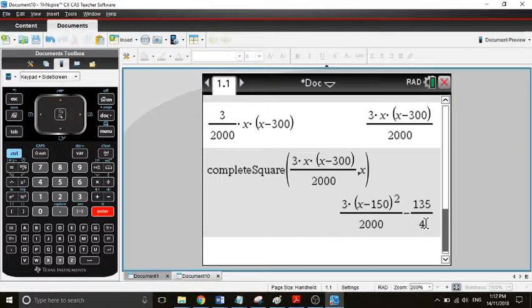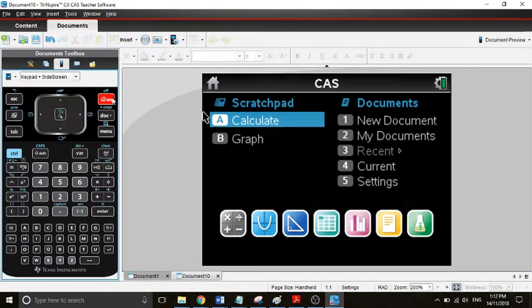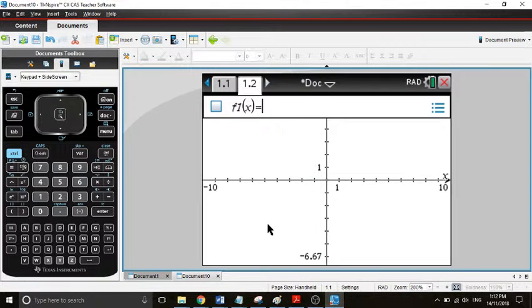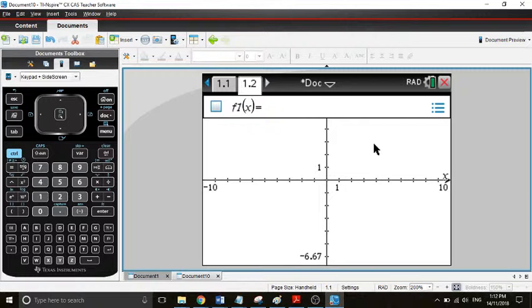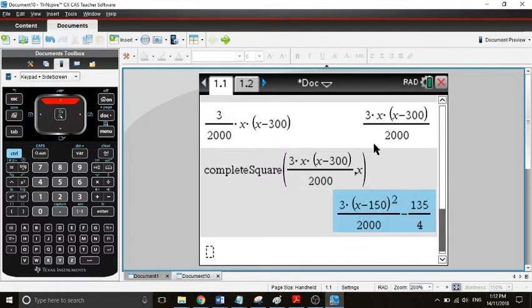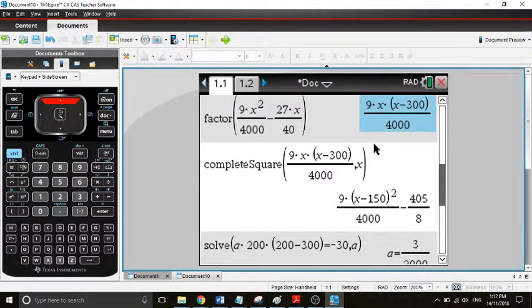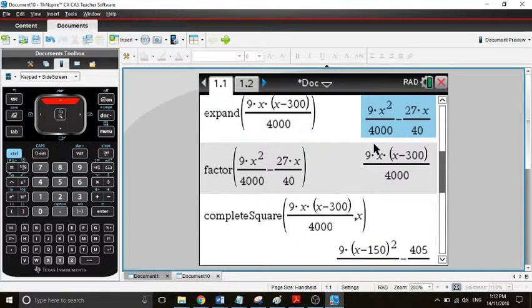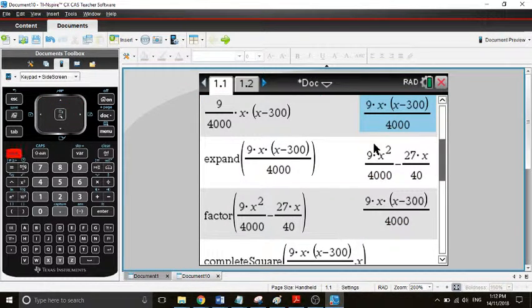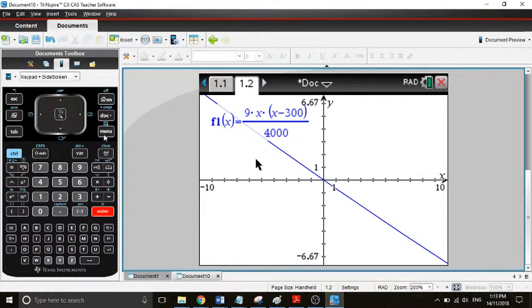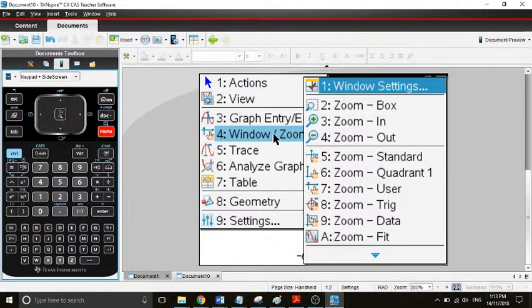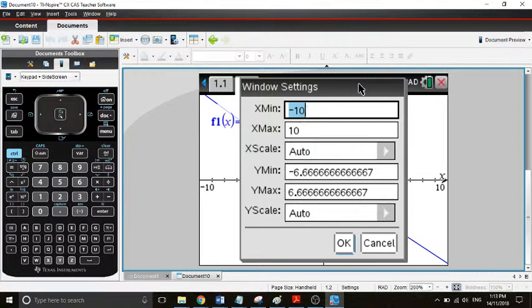Let's just check it just to be sure. So we're going to make a graphing page, and we're going to graph the first one, which is this. We know our window has to go from settings, go from -1 to 305.